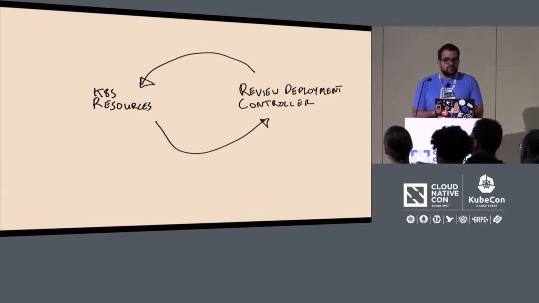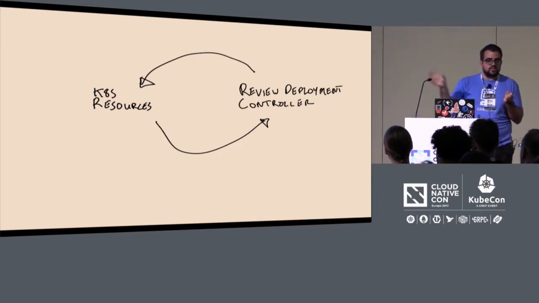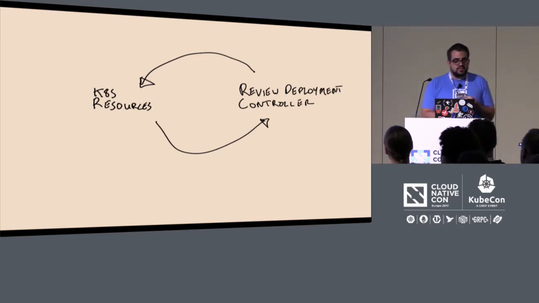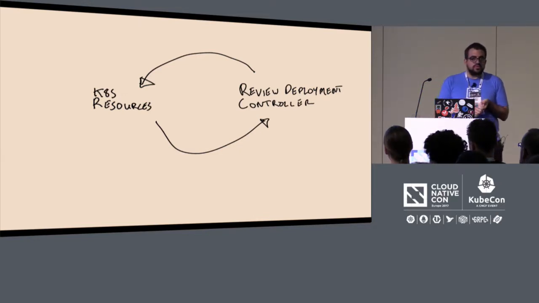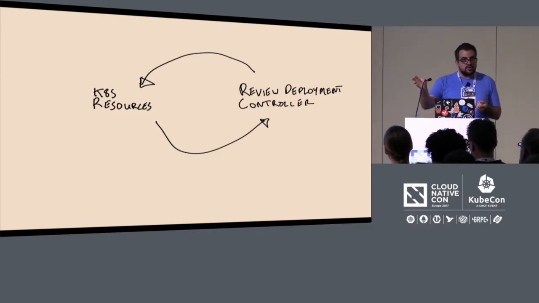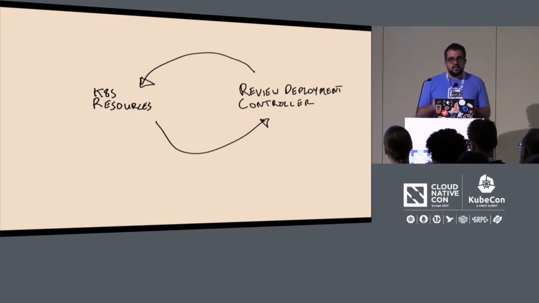When it sees a new one, it will create that build pod, submitting the build job into Kubernetes, which is literally a bash script that downloads the source, runs Docker build, and pushes to a registry. It will wait for that to complete, and once it's completed, it will submit another pod, which says please run that image that we just built, and then that'll be running. And then it will add the two extra resources to actually make it available outside.